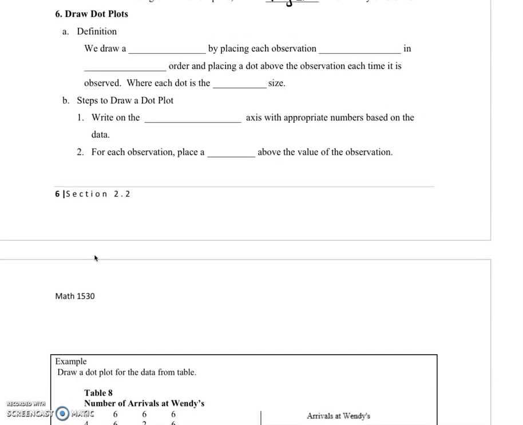Now let's talk about dot plots. These are just another way of organizing data.